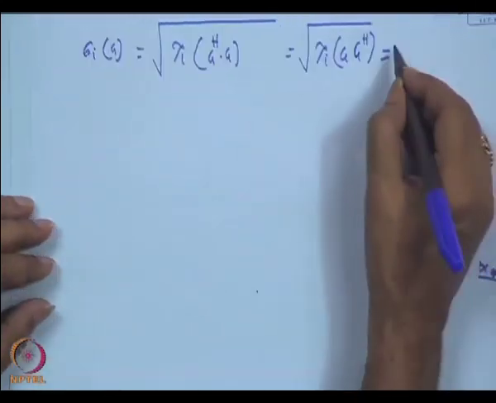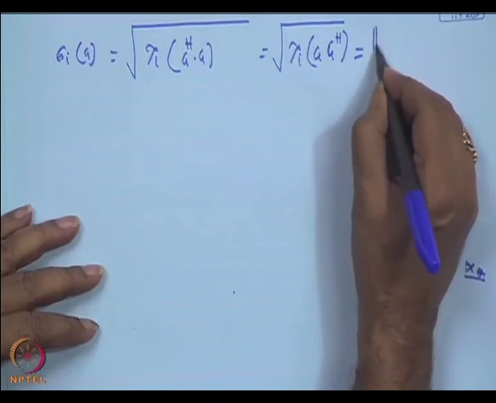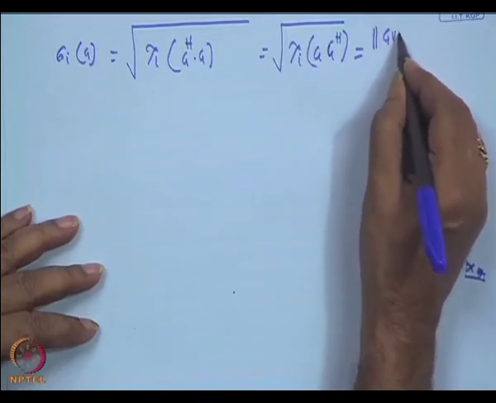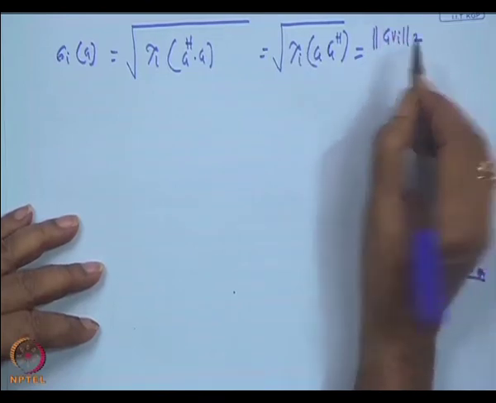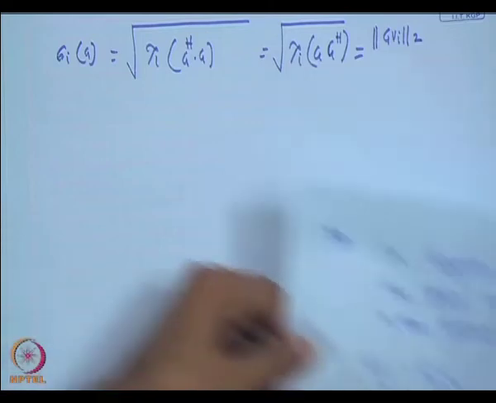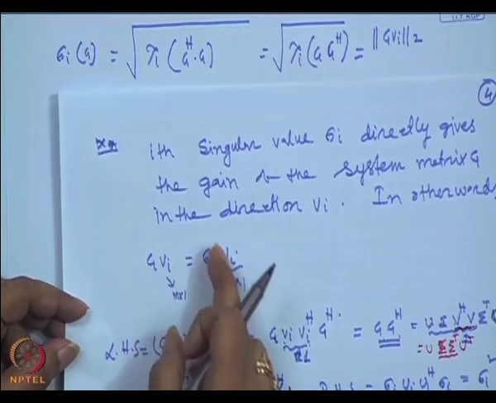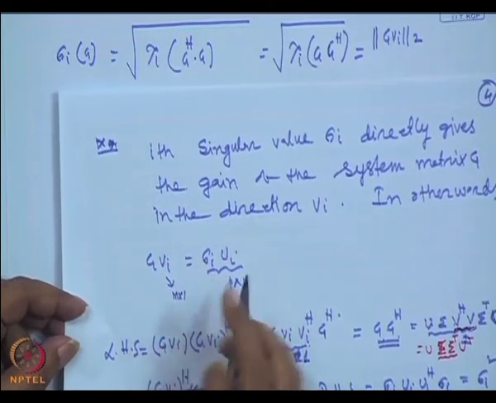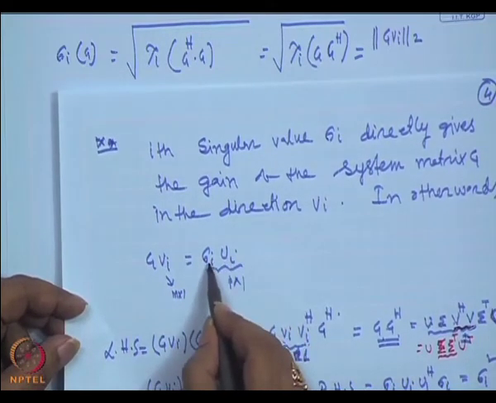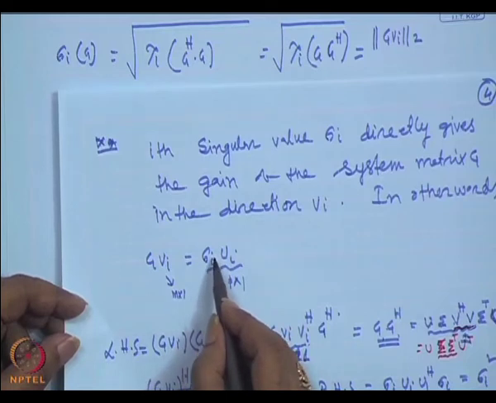Equivalently, I can write this as V_i, sigma, U_i. What is the norm of this? If you take the norm of this, this quantity is 1 and the other quantity has norm sigma. Agree?